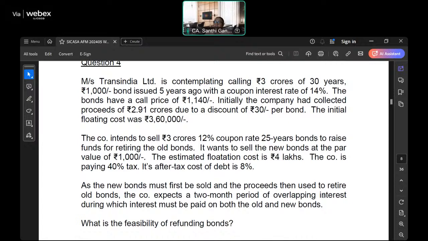The overlapping interest of old bonds for the first 2 months, I'm not considering time value of money because it's just a question of 2 months in a period of 25 years. I've already given you an explanation as to why we consider the terminal flow irrelevant, because the time is the same, 25 years. The redemption price is the same, 1,000 for both bonds. Therefore, that becomes irrelevant. Are you clear with this?